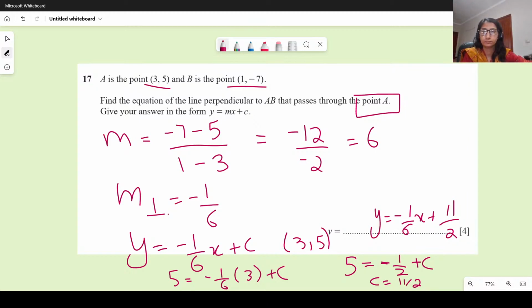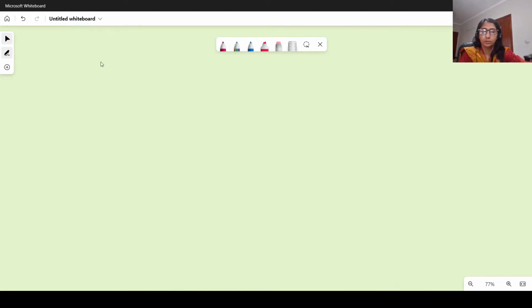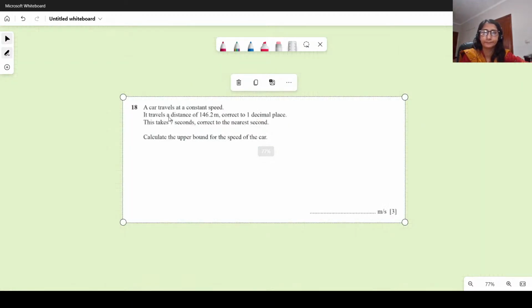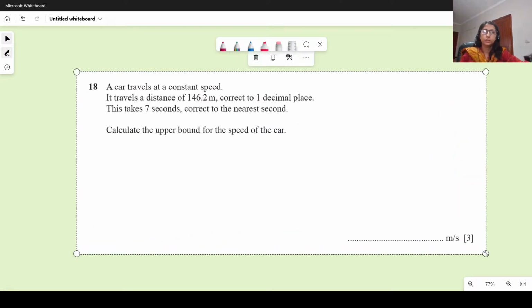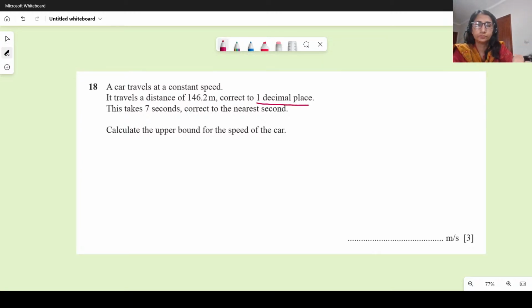Question 18. A car travels at a constant speed. It travels at a distance of 146.2 meters, correct to the nearest one decimal place.